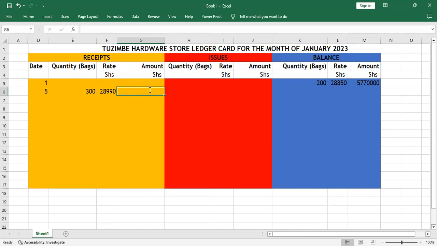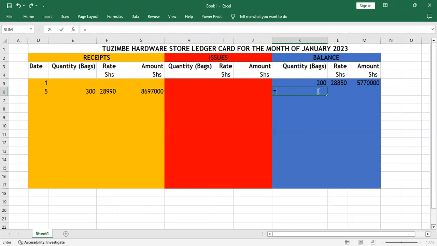Of course, we multiply to get our quantity, the bags, times the purchase price of each, giving us 8,697,000. Remember, this is the store ledger account where we have to update our balances every after transaction.